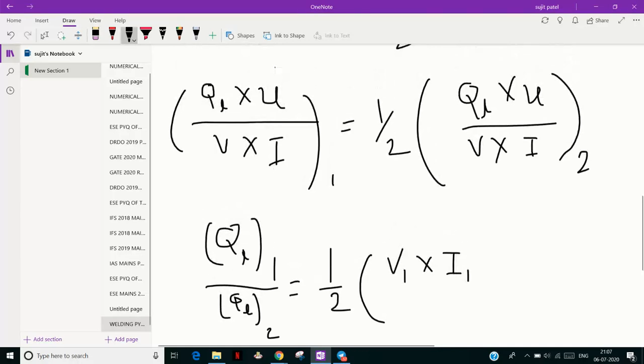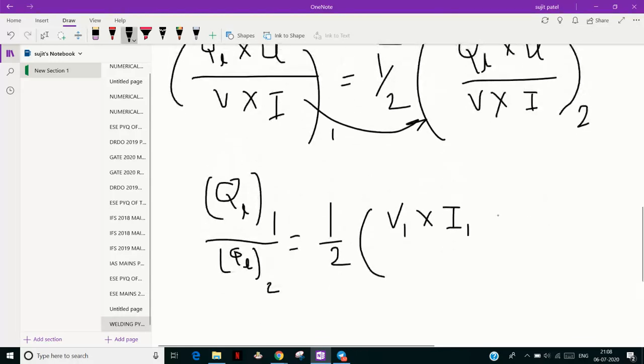I am just taking the heat transfer per unit length of the second coupon on this side, and the voltage, current and speed for the first coupon on this side. So we have the equation like this.